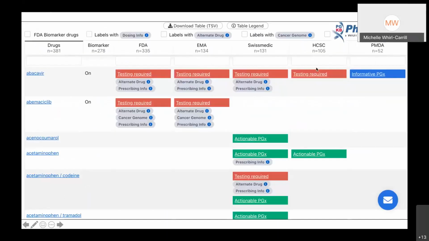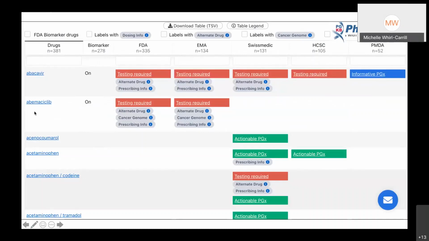So this is a screenshot of our landing page on PharmGKB for drug labels. We curate not only labels from FDA, but also other resources as well. EMA, we had a collaboration with Swissmedic, a group that looked at labels from Swissmedic. We also have Canadian labels and a collaboration for Japanese labels.